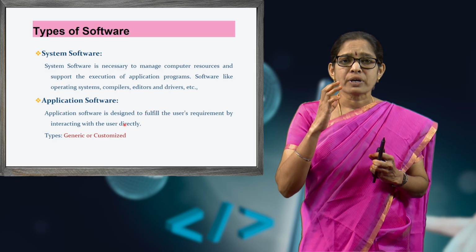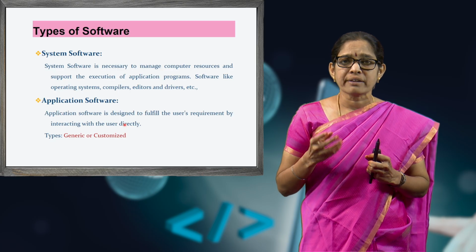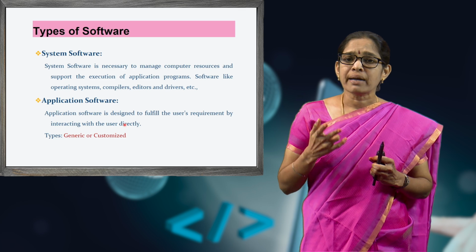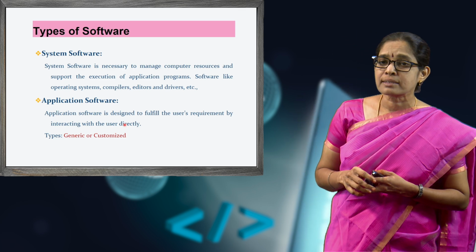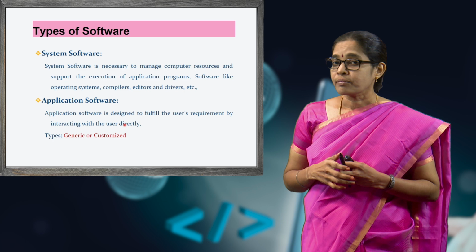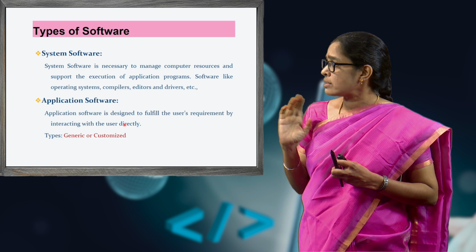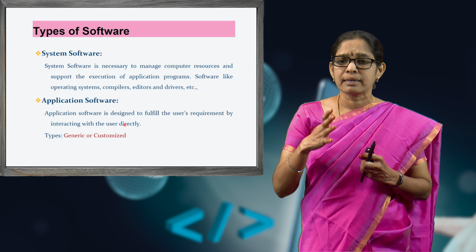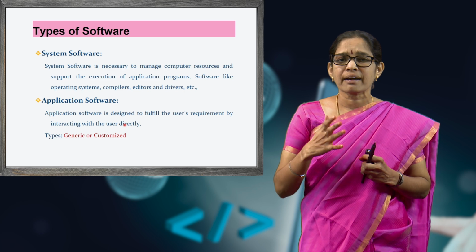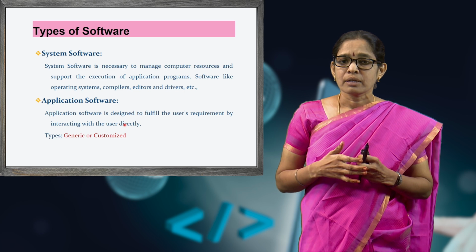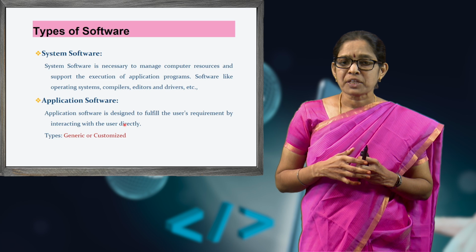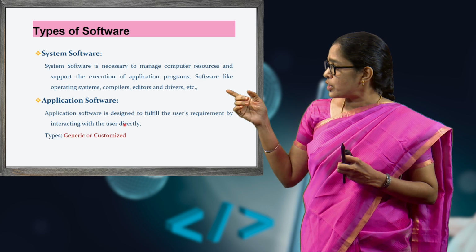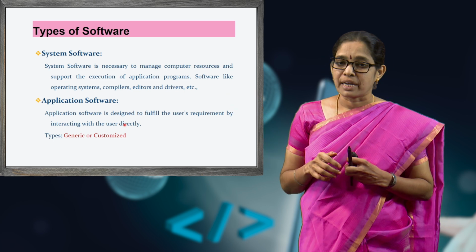Examples of system software are operating systems, compilers, editors, and drivers. Application software is designed to perform some tasks to fulfill the user's requirement by interacting with the users directly. The types of application software are generic or customized.